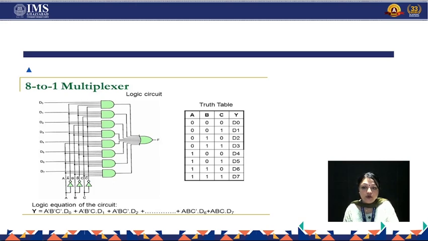If the value of S0, S1, S2 is 000, then the output will be D0. In the same way, if the value of S0, S1, S2 is 001, then the output will be D1. In the same way, the characteristic equation is Y equals A dash B dash C dash D0 plus A dash B dash C D1 plus A dash B C dash D2 and so on.